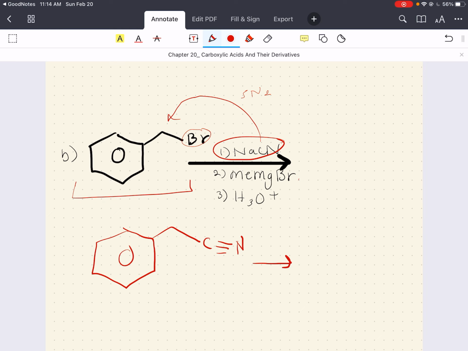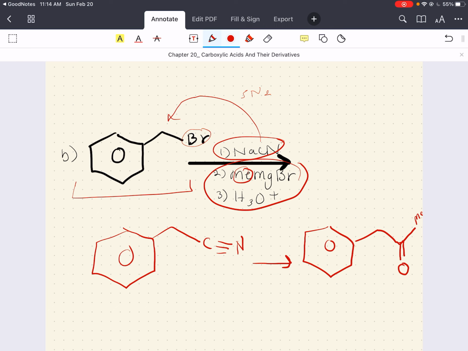We can further treat it with Grignard reagents. What happens with Grignard reagents when you treat a nitrile is this carbon no longer has a triple bond to nitrogen. It's going to have a carbonyl group here, and then whatever R group was part of your magnesium bromide complex, which is methyl.